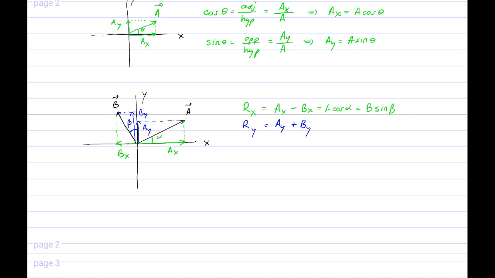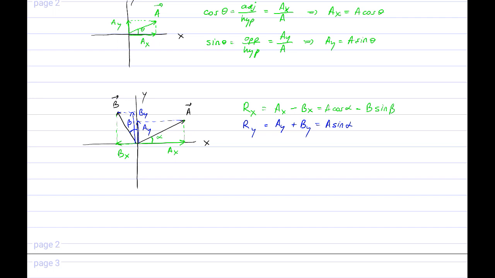In the y direction, so basically everything that was cosine before is going to be sine now. So I have A sine alpha, because A sub y is this quantity here, which is the opposite of angle alpha. So this and that are the same, and they're opposite of alpha.